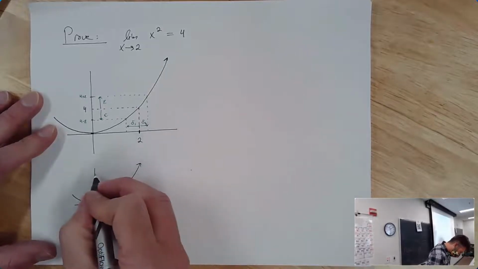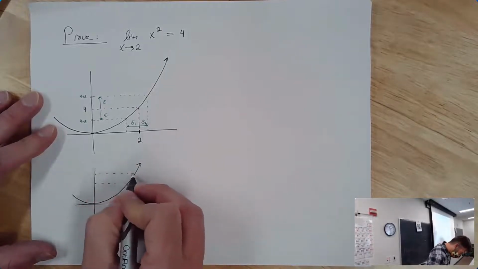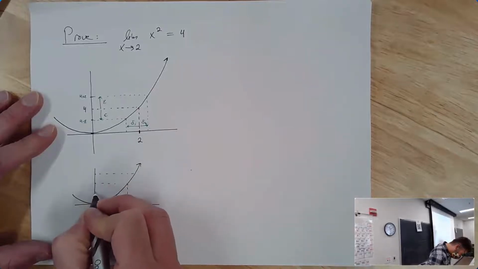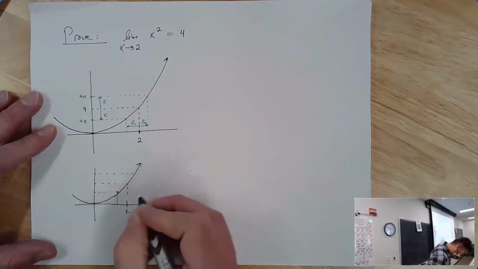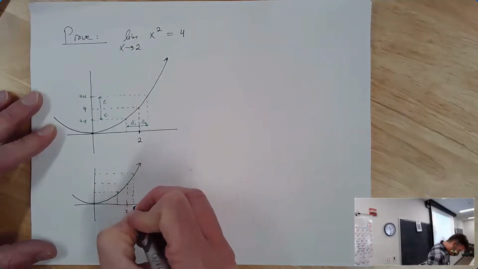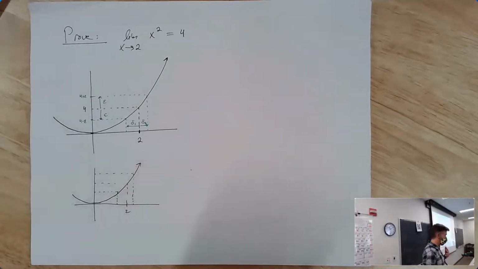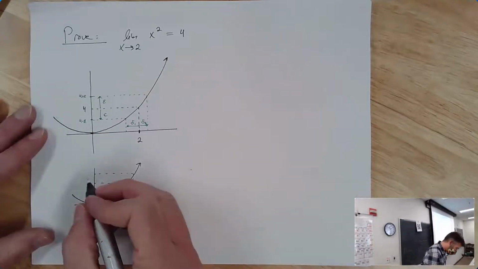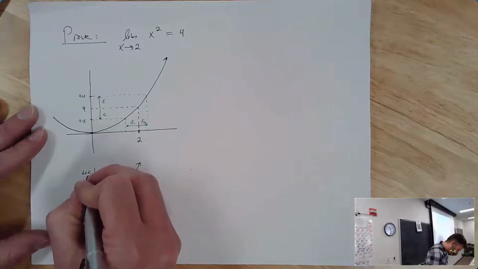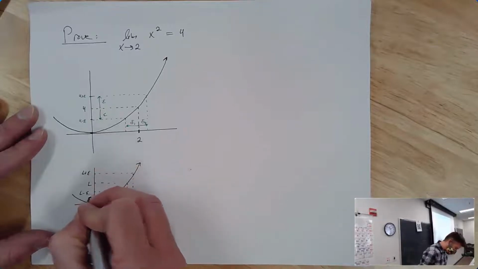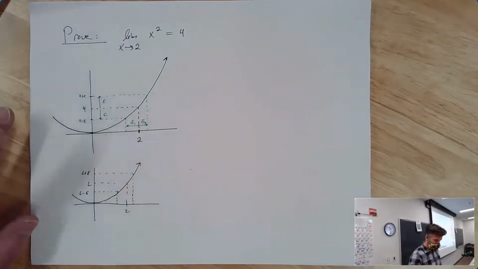Let's try and be careful here. Cool. So delta 1 is the bigger delta, and so here's my limit. Here's my limit plus epsilon. Here's my limit minus epsilon.